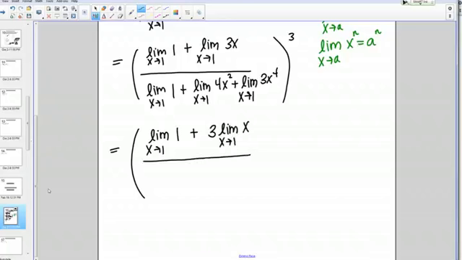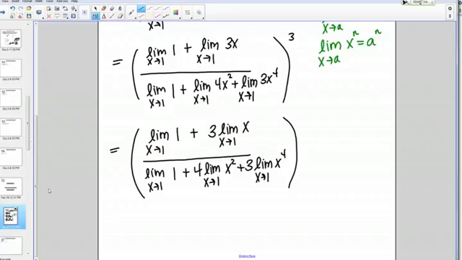And then we'll do the same thing in the bottom. The limit as x goes to 1 of 1 plus 4 times the limit as x goes to 1 of x squared plus 3 times the limit as x goes to 1 of x to the fourth, and that's all raised to the third power.